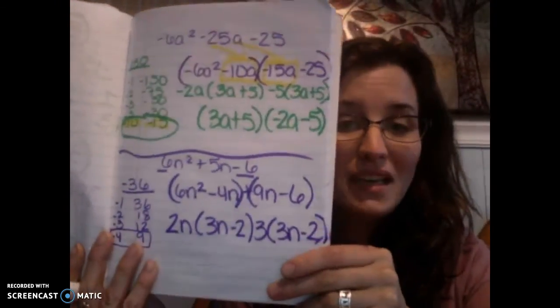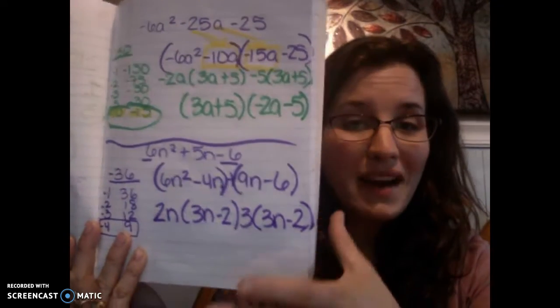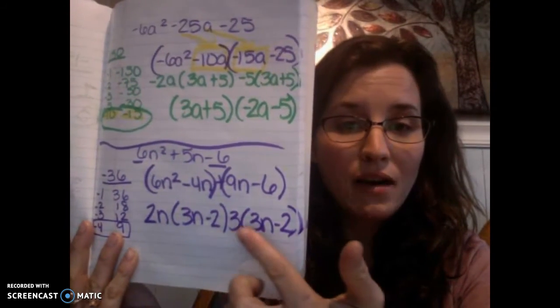What can be divided into both 9n and negative 6 would be a 3, and I end up with 3n subtract 2. Again, what's inside my parentheses is the same, so my answer would be 2n plus 3 and 3n minus 2.